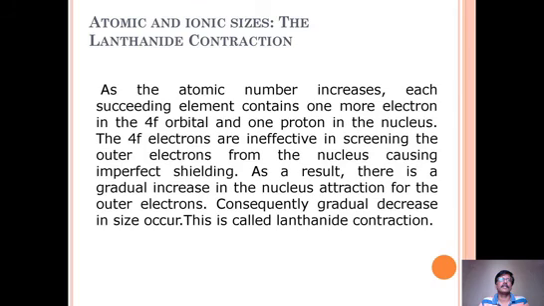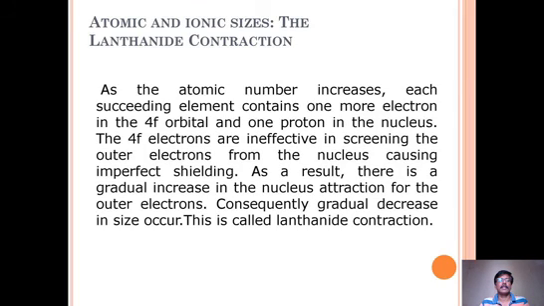Therefore, the attraction force increases because it is within the same radius, but the number is more. So as the number is more and nuclear charge increasing, they attract the outer shell electrons very close to the nucleus. That is the reason why generally atomic size or ionic size decreases if you go towards the right side. In general, that is a common trend we can observe.